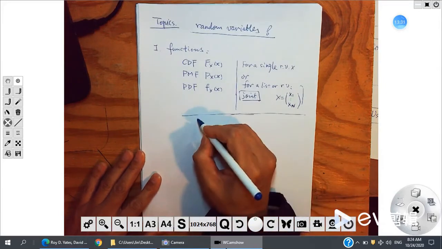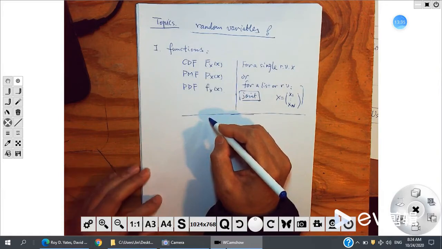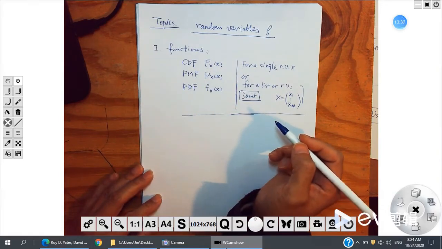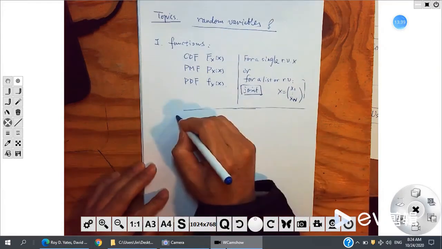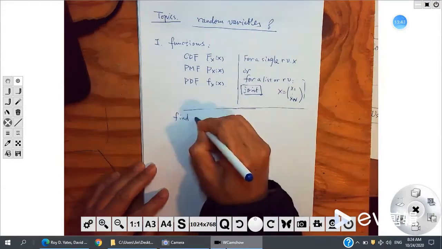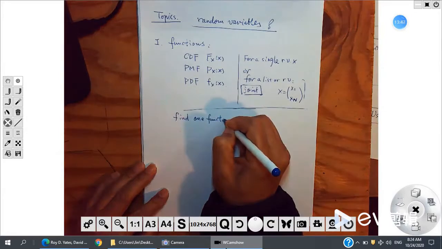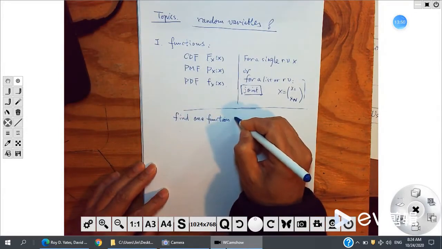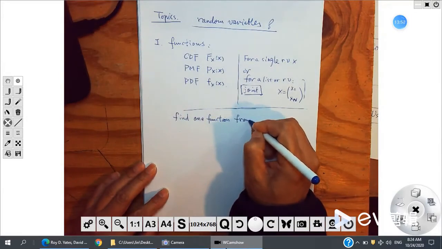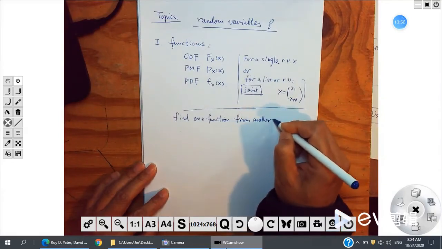Okay, related to these functions, we have several kinds of work to do. So we want to find one function from another function.